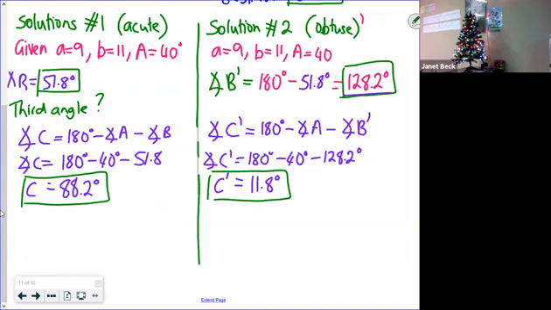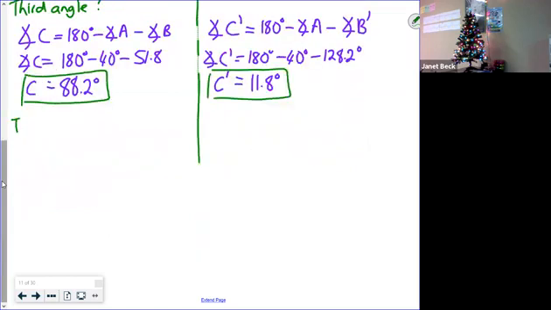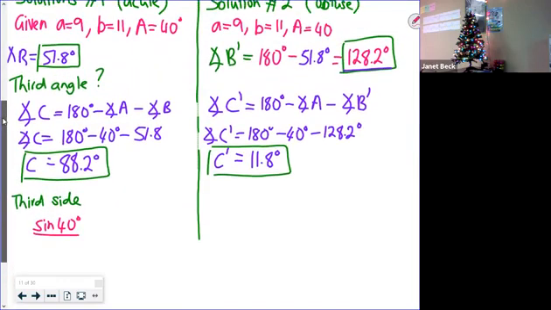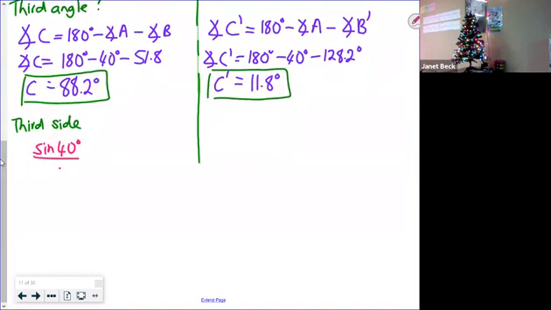So I still haven't finished. What do I still need to find on both of them? I found the third angle. Now I have to find the third side length. I'm going to do that using the given information, law of sines. So I'm going to do the sine of angle A divided by side length A, which was 9.